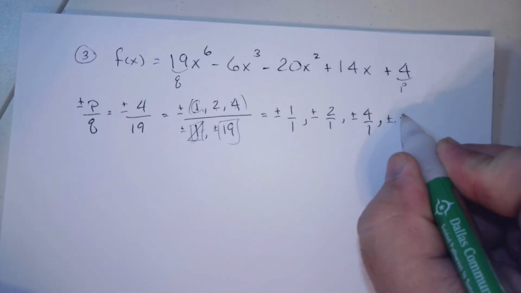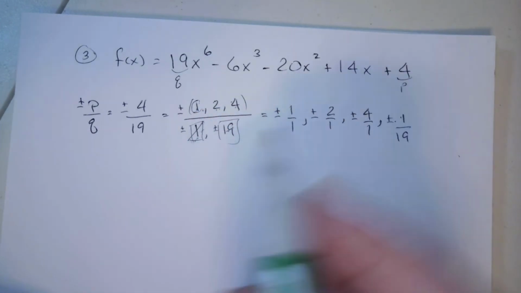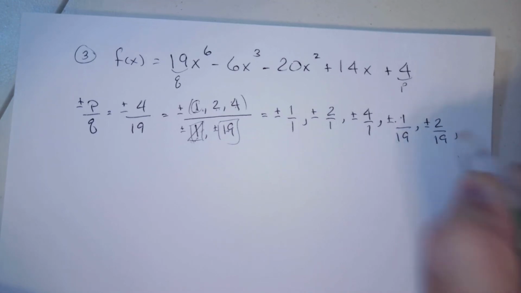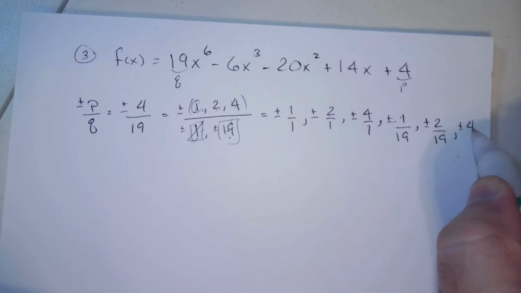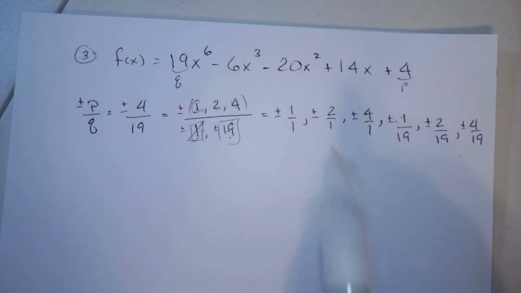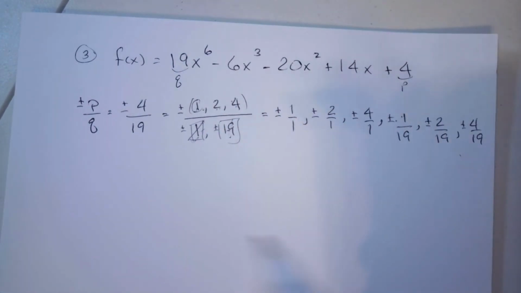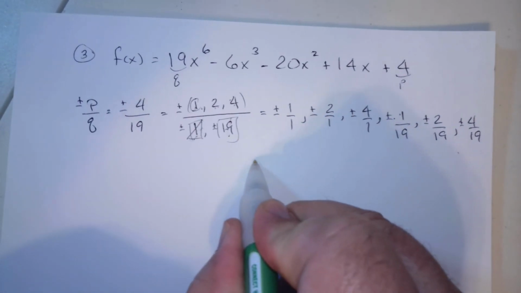So it's plus or minus 1 over 19, then 2 over 19, and then 4 over 19. They're all plus or minus. 1, 2, 3, 4, 5, 6. 3 times 2 is 6. So we narrowed down our possibilities to these answers.